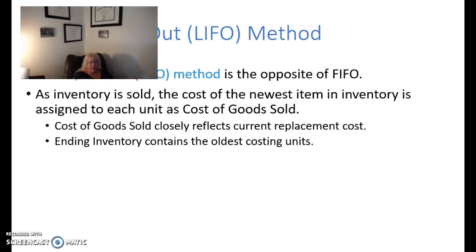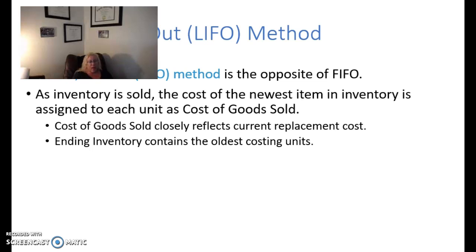So this method leaves the oldest cost and typically the cheapest cost, those of the beginning inventory and the earliest purchases of the period, in the ending inventory. So when we sell items, we're usually unable to identify the specific item that we've sold because they are all the same.